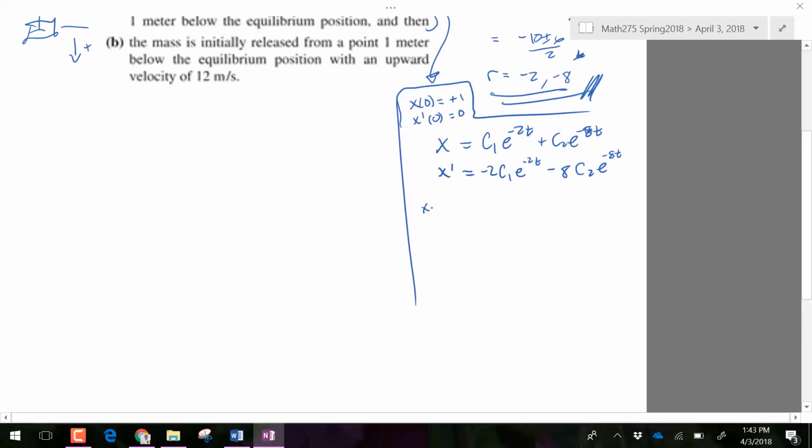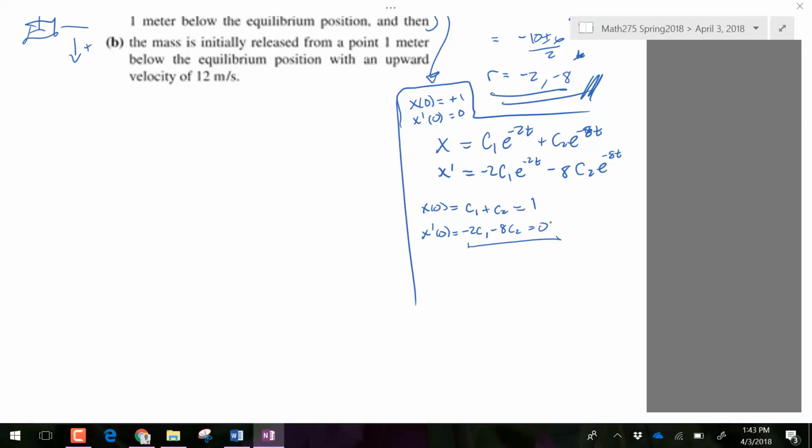So x of 0 is equal to C1 plus C2, which is equal to +1. X prime of 0 is equal to -2C1 minus 8C2, which is equal to 0. Now you have a system of linear equations to solve for C1 and C2. Anybody care to solve for that?